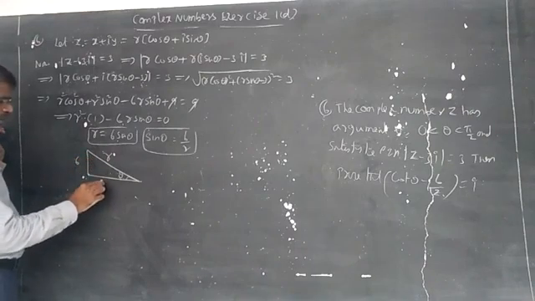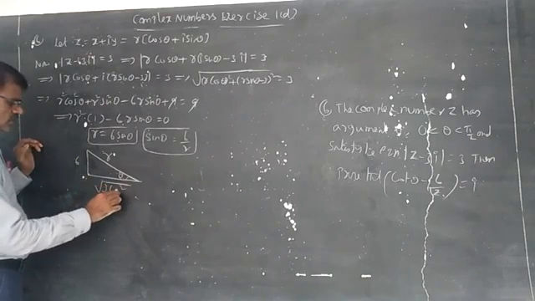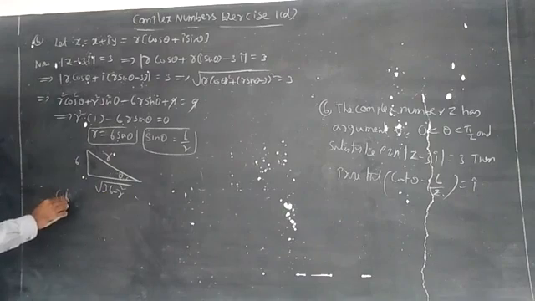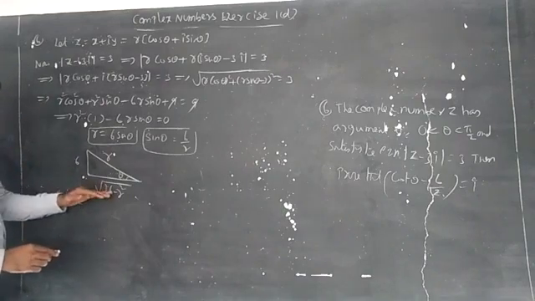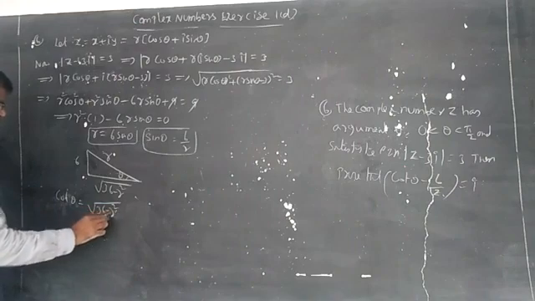So the adjacent side is root of 36 minus r square. Now cot theta means adjacent by opposite, so root of 36 minus r square by 6.